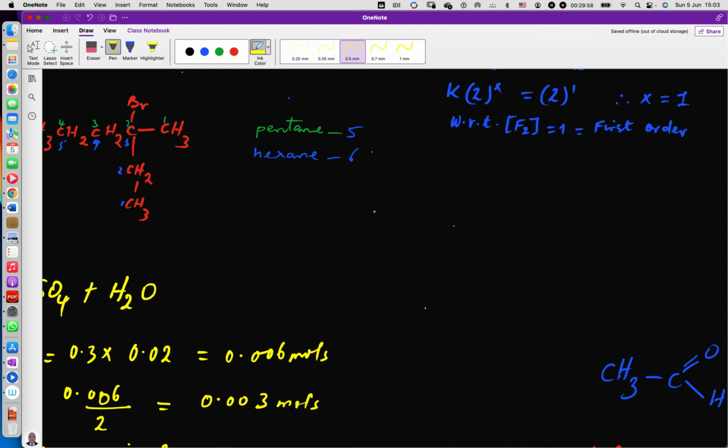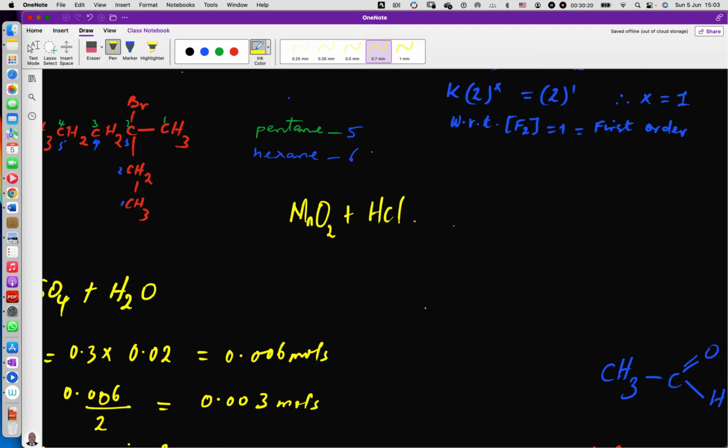Chlorine in the laboratory: we will have manganese 4 oxide plus concentrated hydrochloric acid.